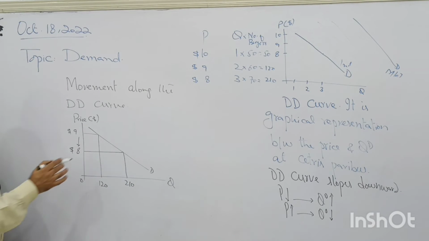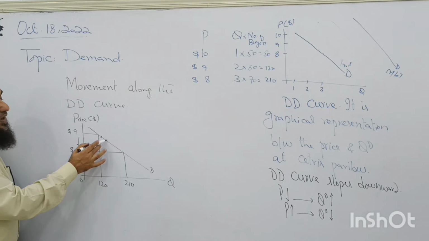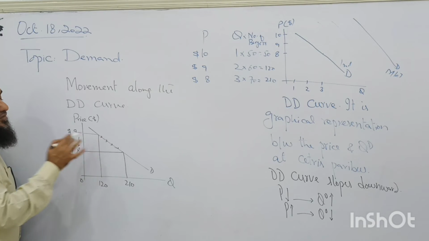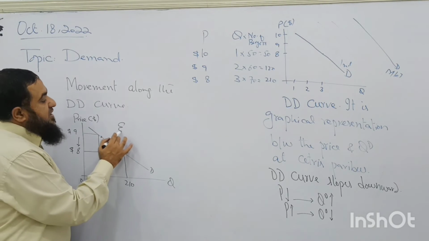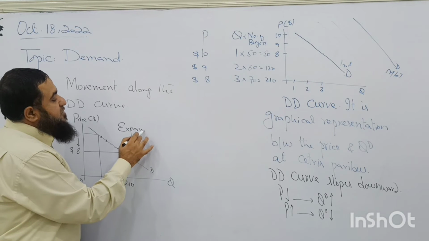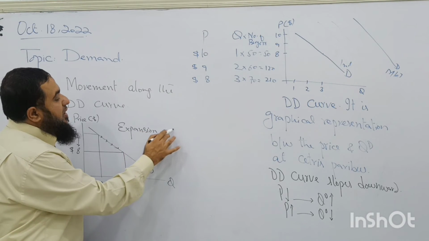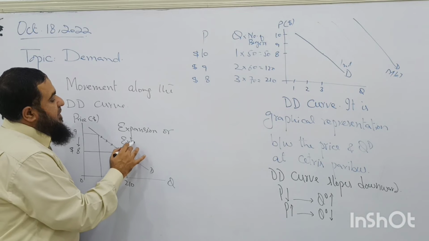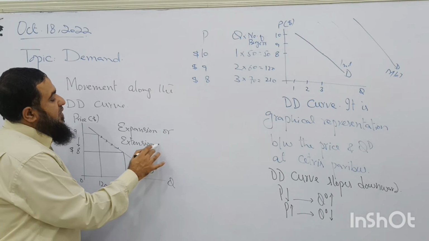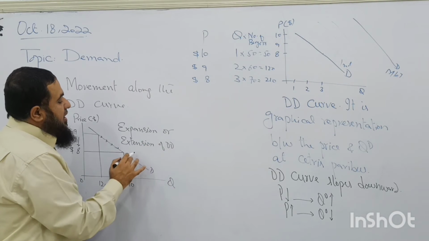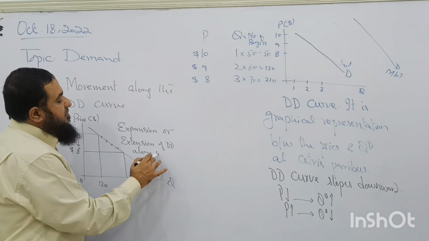So what is happening? Quantity demanded will move along the demand curve. This is called expansion or extension of demand along the demand curve.